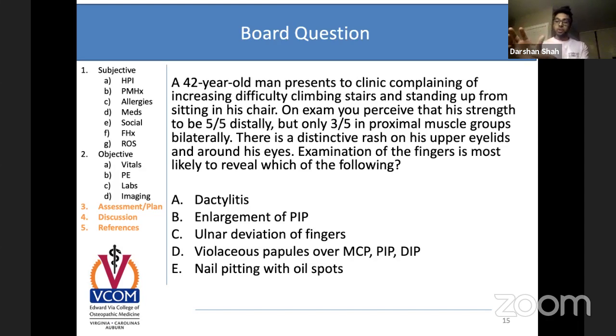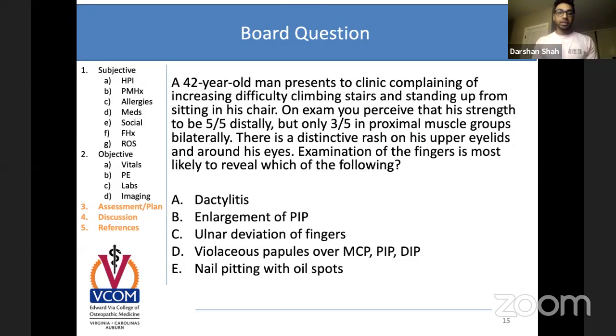So the MCP joint is pretty much where the thumb meets your wrist. The PIP joint is your first knuckle if you're moving from your wrist to your finger. And the DIP joint is the one next to your fingernail. Or would you see nail pitting with oil spots?